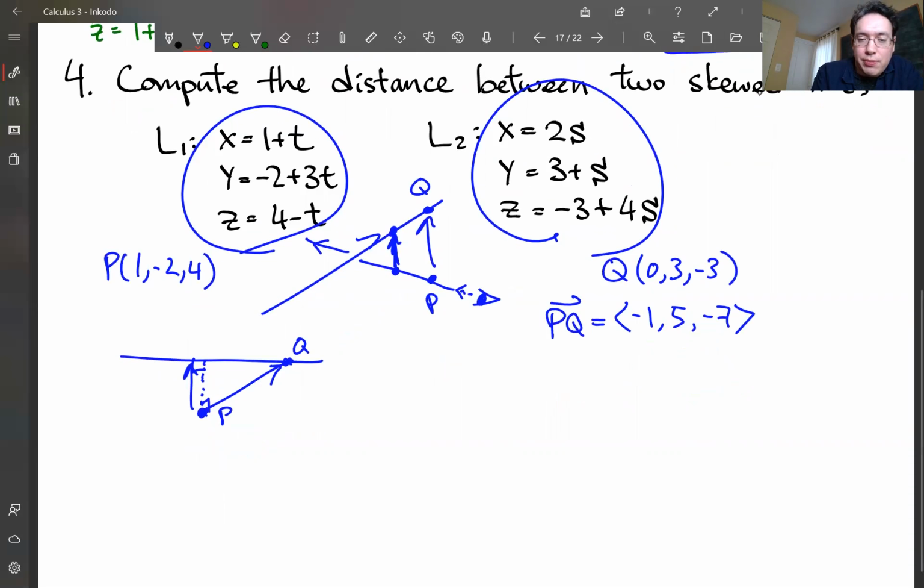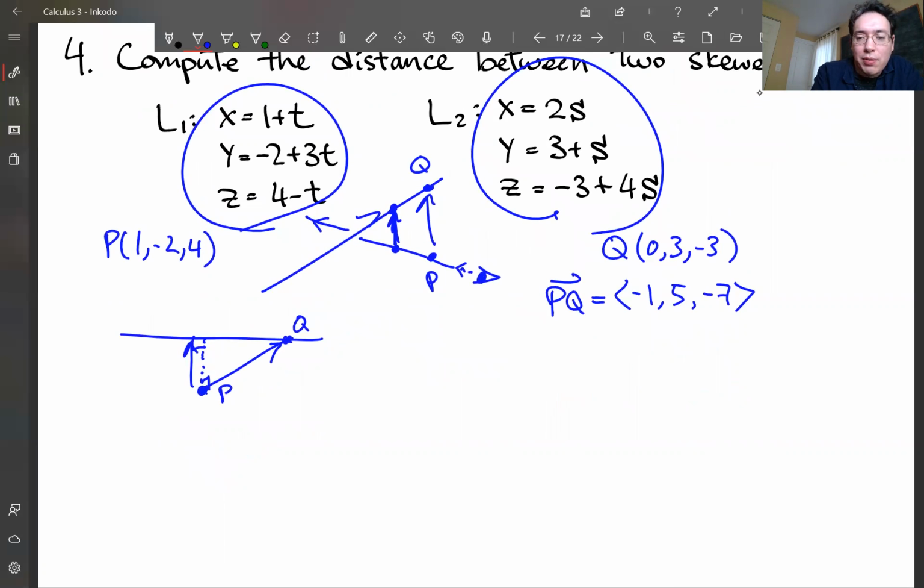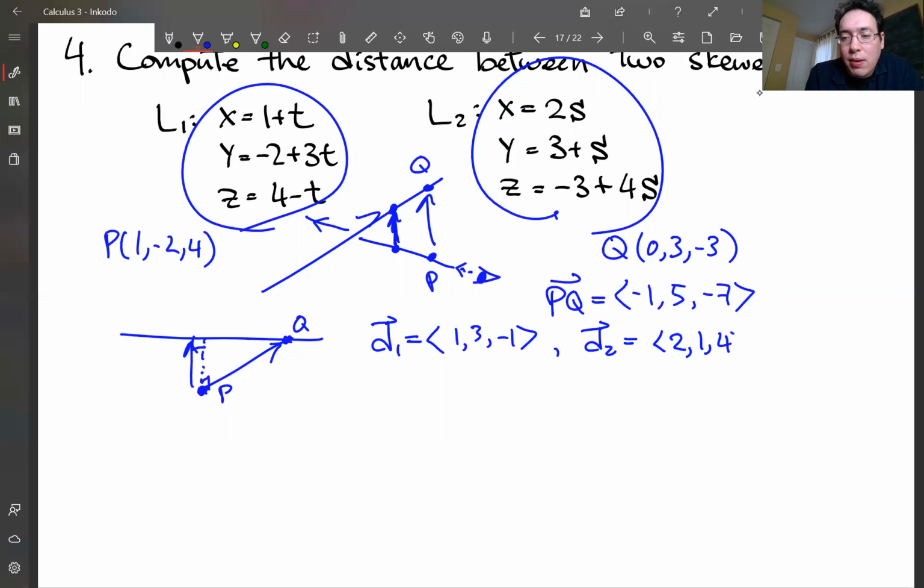The directional vector for line 1 is the coefficients of the t. The directional vector for the second line is the coefficient for the variable s.